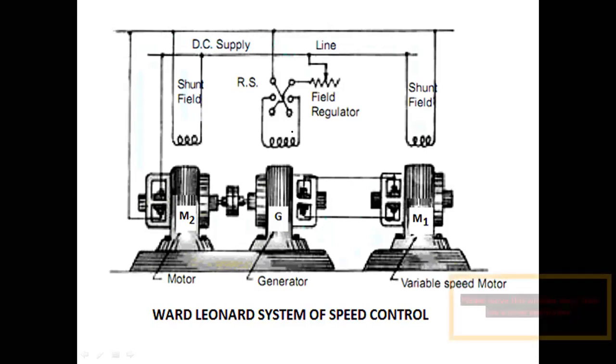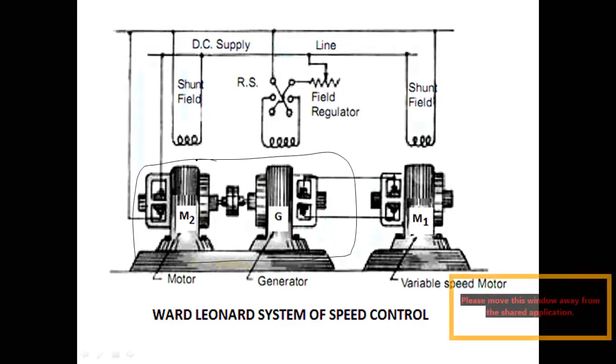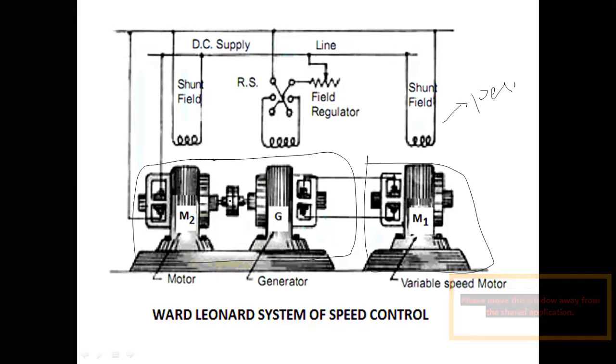This is M2 and G, a motor generator set, and M1 is your variable speed motor. M1 is your main motor, which is connected to the supply. These field windings are permanently connected to the DC supply lines, and these two are mechanically connected.